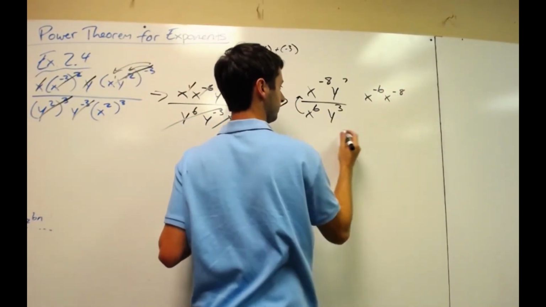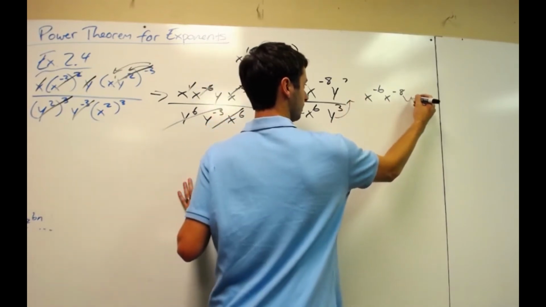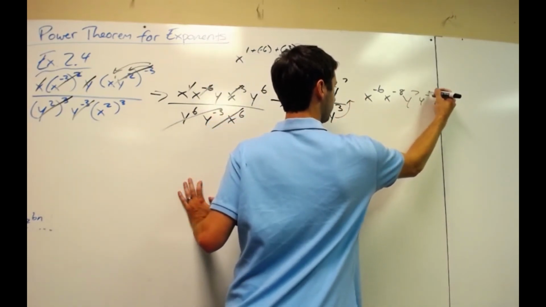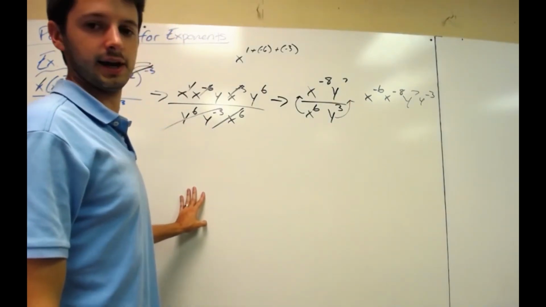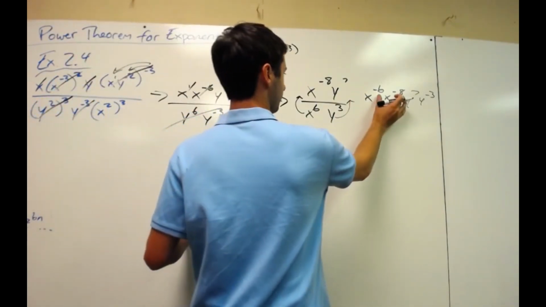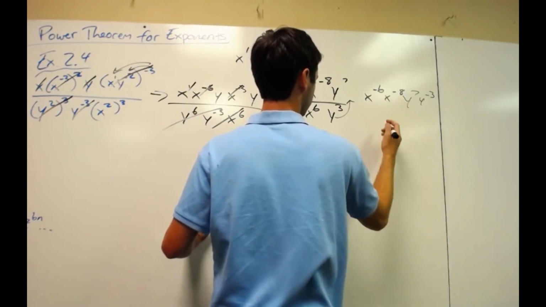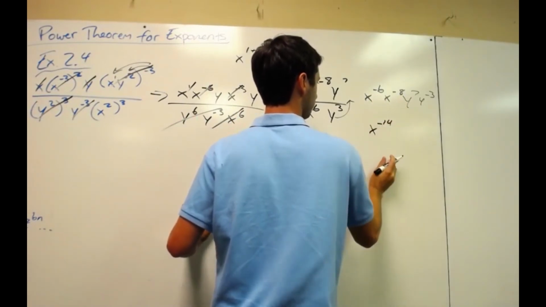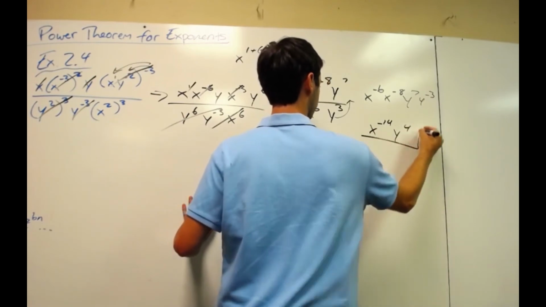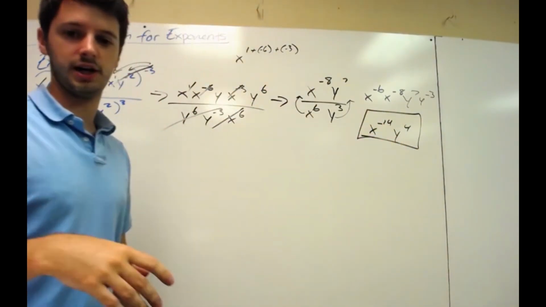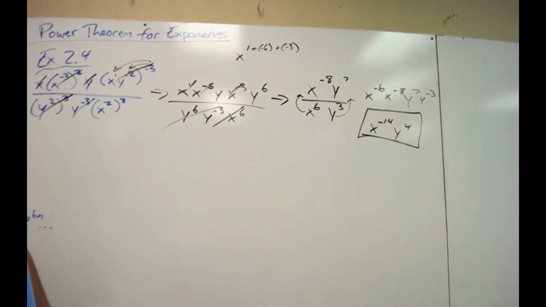When I move this to the numerator, it becomes y negative cubed. So now everything's in the numerator, so we can add it. And negative 6 plus negative 8 is negative 14. 7 minus 3, 4. There is your answer, and that is the product theorem for exponents.